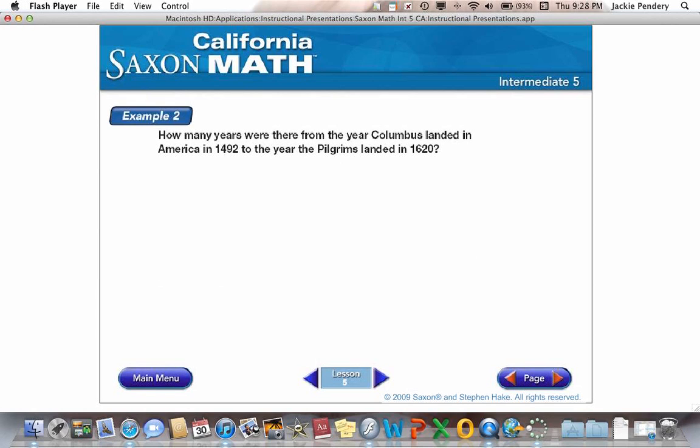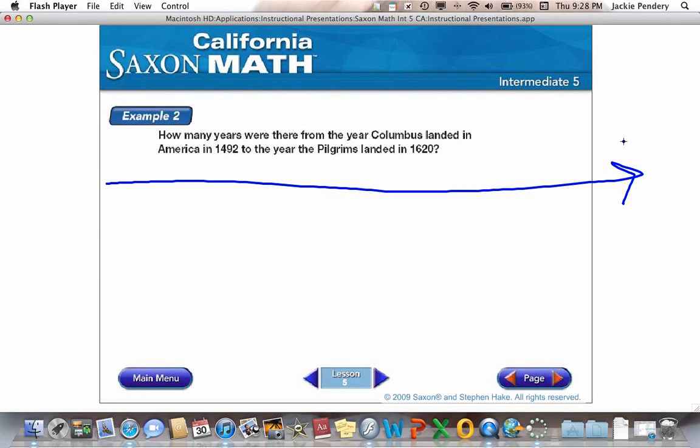Example 2. How many years were there from the year Columbus landed in America in 1492 to the year the Pilgrims landed in 1620? Okay, when we're talking about time, think of it just like a number line.